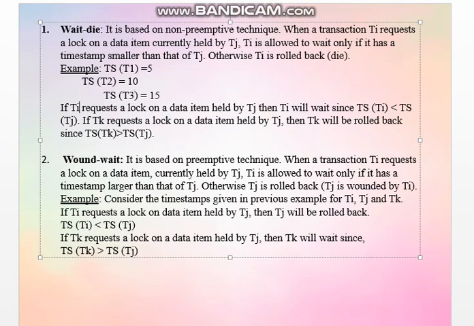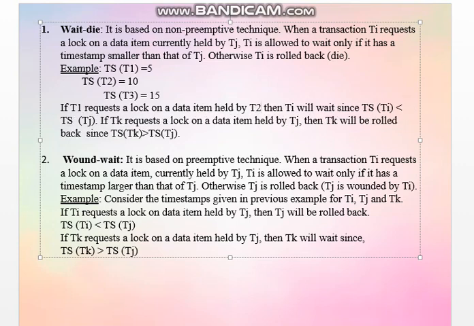If T1 is requesting the lock on the data item which is held by T2, and T2 is currently in execution, then because the timestamp of T1 is less than the timestamp of T2, we will tell the transaction T1 to wait.